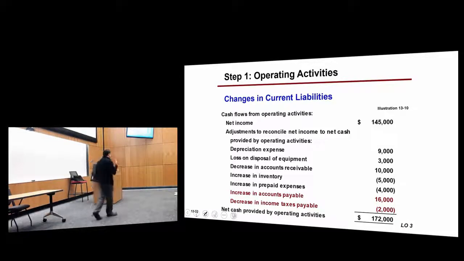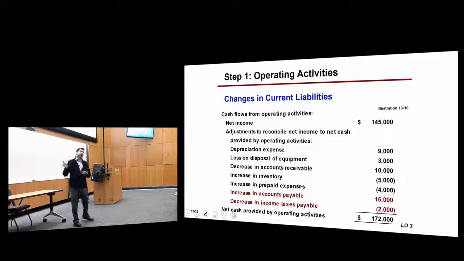When you think about it as you paid more than you actually recorded, that means that your cash outflow was more than the actual one recorded. So cash outflow is more. That means the effect on net income would have decreased net income. So what do you do? You subtract that amount from net income.